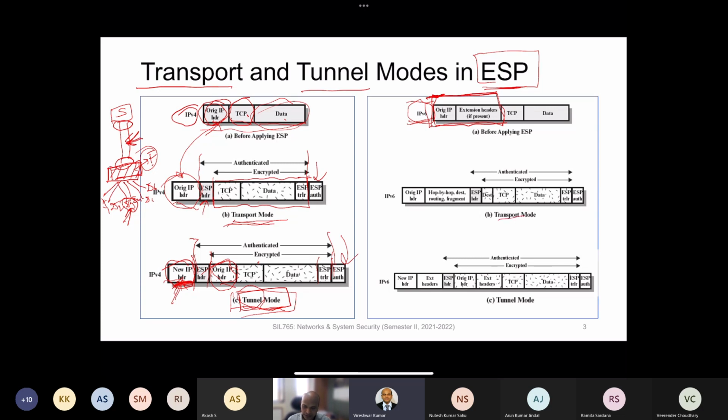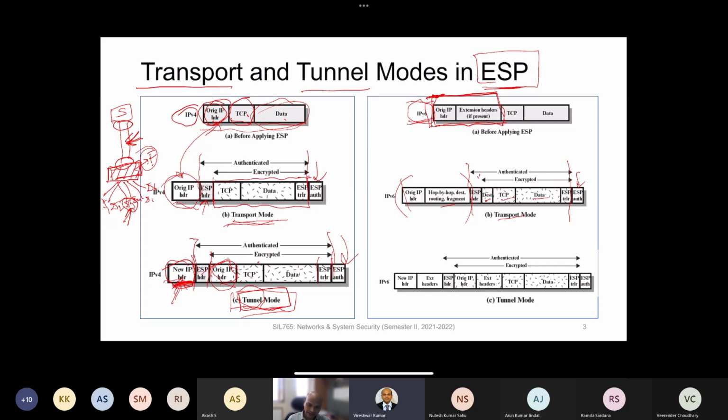So in the transport mode, you do something interesting. You also have this destination IP address, which could be encrypted. You have the TCP header and data that is encrypted, and then you have this whole thing along with the ESP header authenticated, and then you put down the original IP header, and also you could put some more information, such as hop-by-hop or destination routing or similar things.